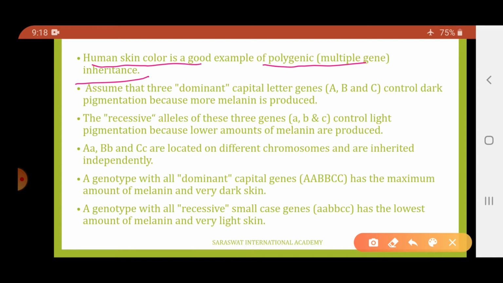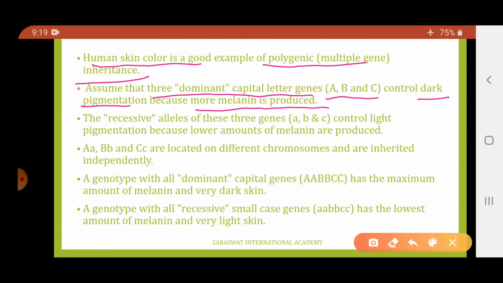So, the 3 genes are gene A, gene B and gene C, which are located on different chromosomes. Now, assume that the 3 dominant capital letters, that is capital A, capital B and capital C, control the dark pigmentation, because in this case more melanin is produced.